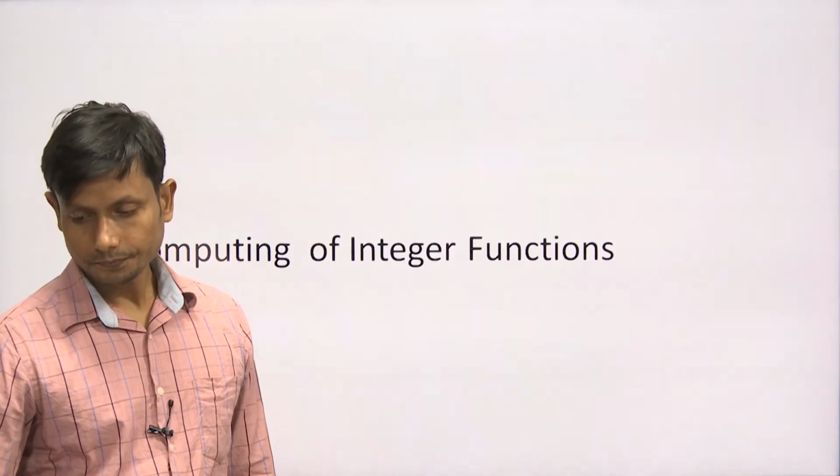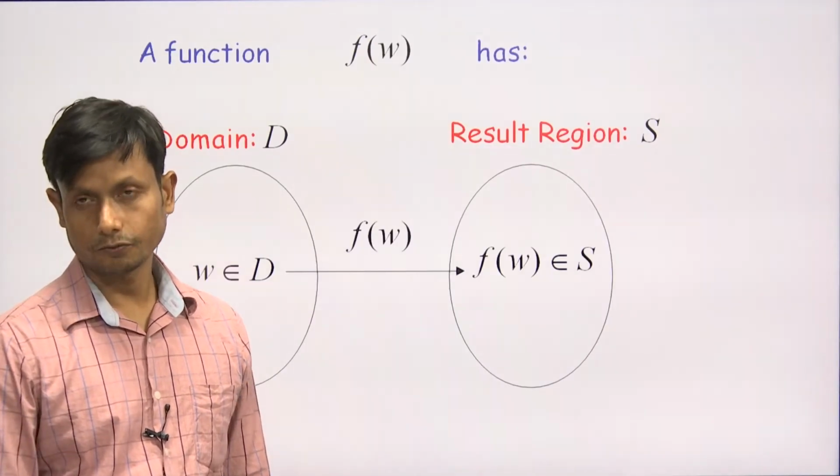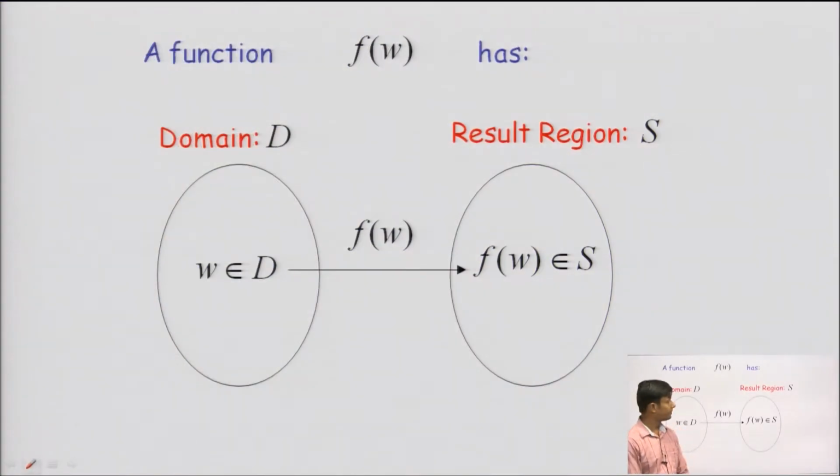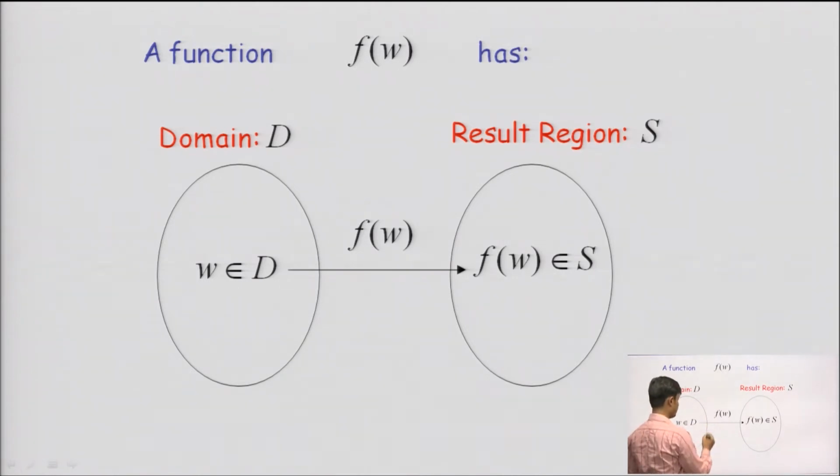So now, computing integer functions. Let us say one function is given. This is a domain, and this is the result region. You can see this is the domain. Suppose f(x) is x plus 2.